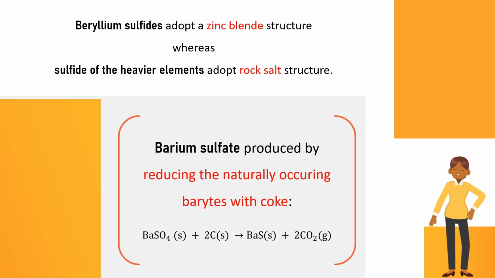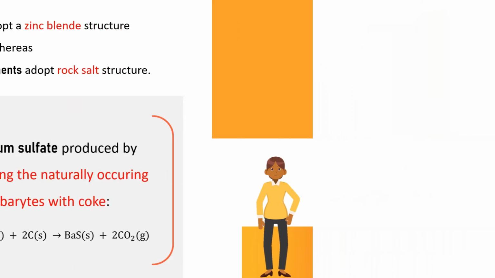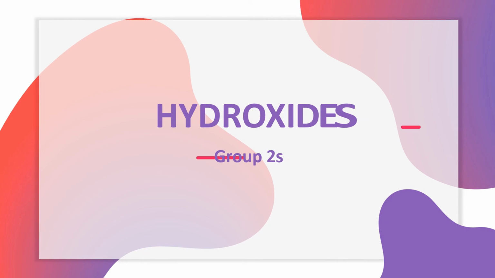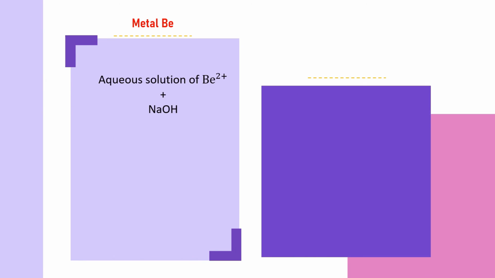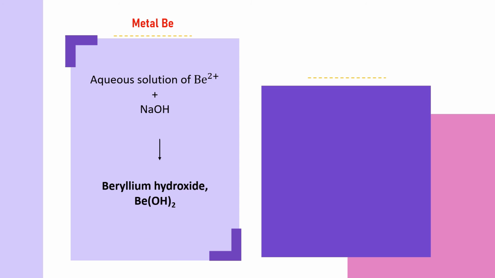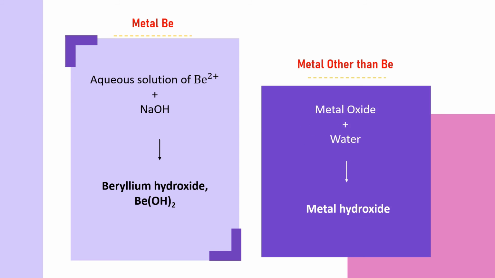Barium sulfide is produced by reducing the naturally occurring barytes with coke. Hydroxides. For barium, barium hydroxide can be produced from the reaction between aqueous solutions that contain barium ions and sodium hydroxide. For the metals other than barium, the metal hydroxide can be produced from the reaction between its metal oxide and water.